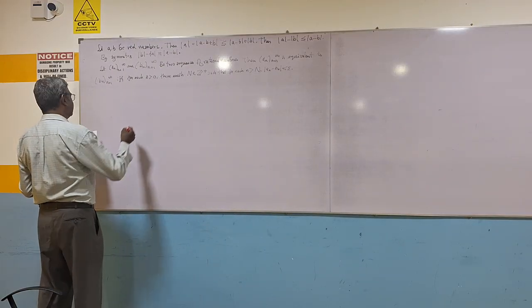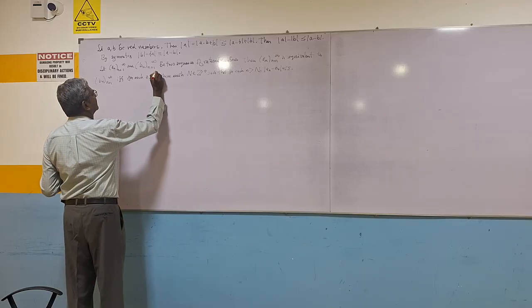For each epsilon greater than 0, I mean, according to him, this is rational.